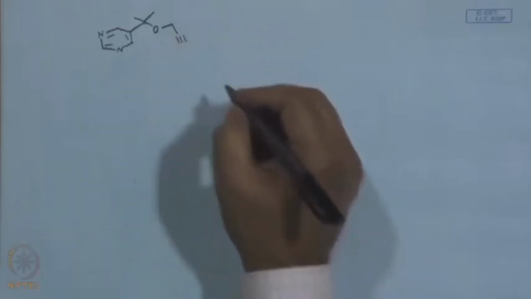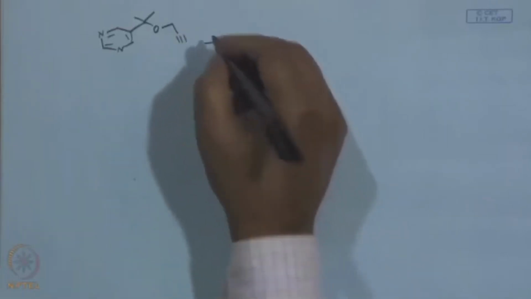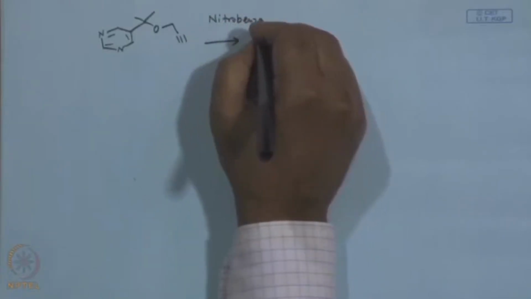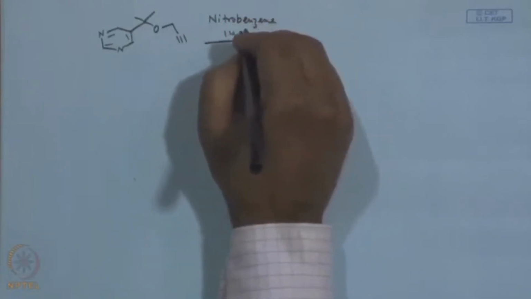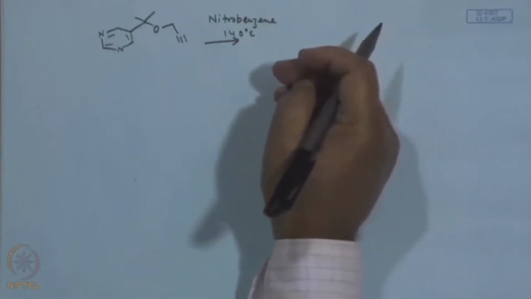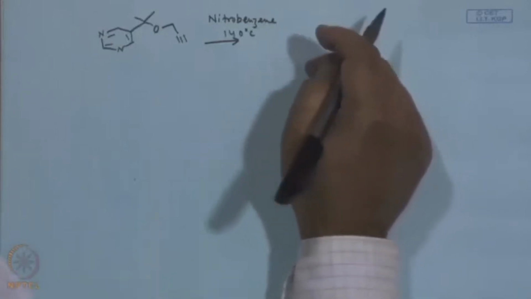In this case, this is a propargyl group, and nitrobenzene as a solvent, and the boiling point of nitrobenzene is around 140 degrees centigrade. So, once again, what you see is a nice reaction. The reaction proceeds.